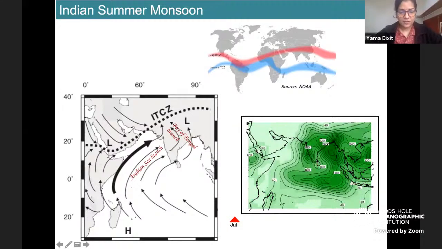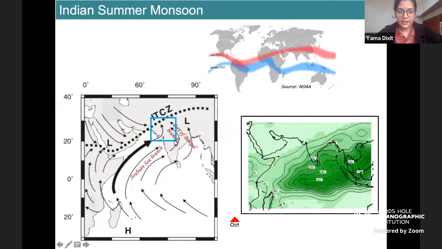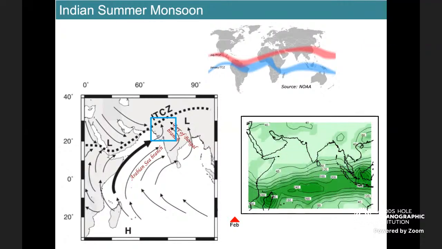Now, I'll be focusing on this blue square right here, which is Northwest India, and I'll tell you why this is important and why it interested me in the first place.